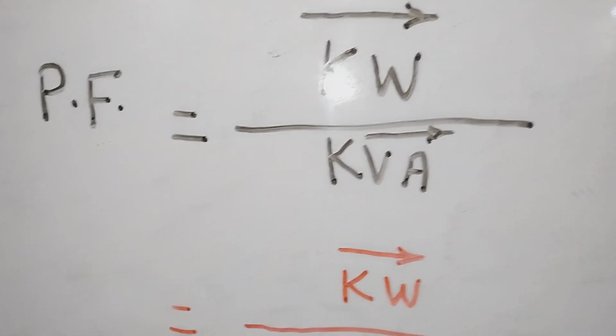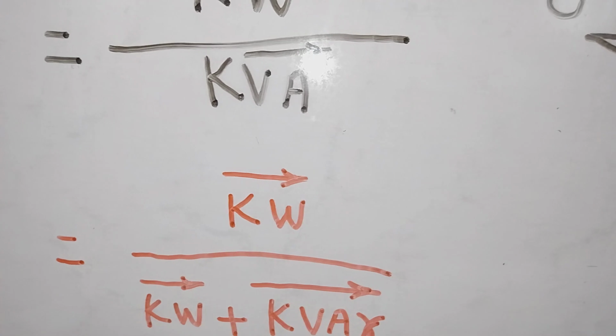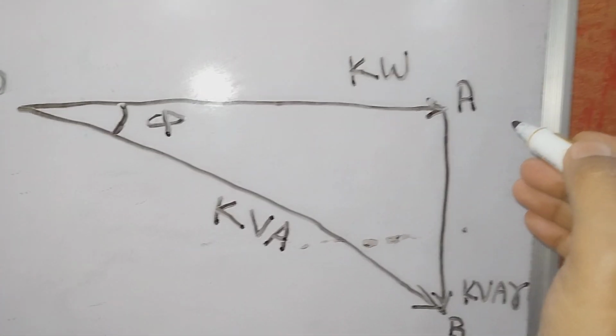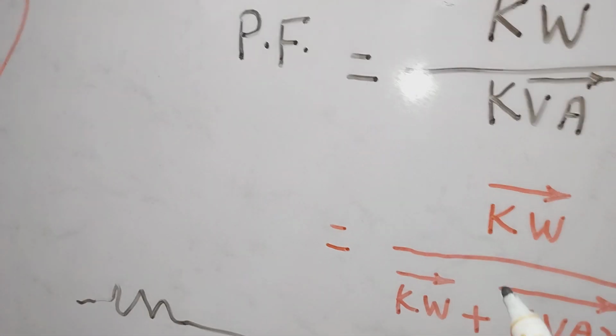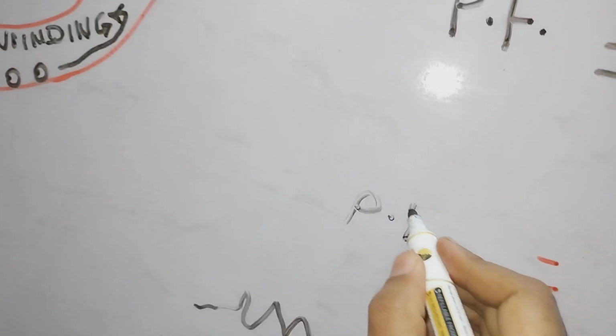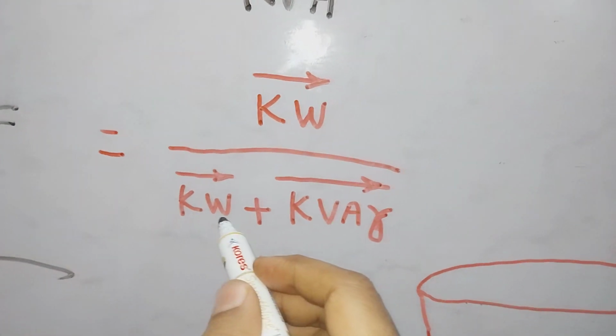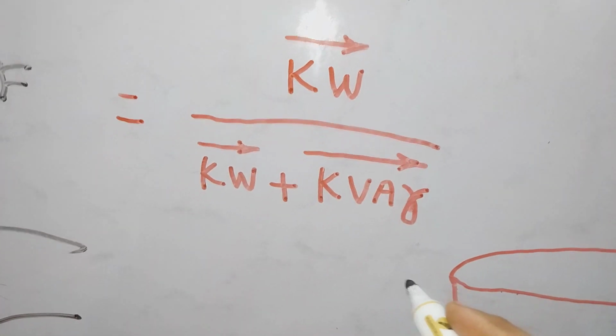So power factor is equal to kW by kVA, and kVA is the vector sum of kW and kVAR. So power factor is equal to vector kW divided by vector kW plus kVAR.